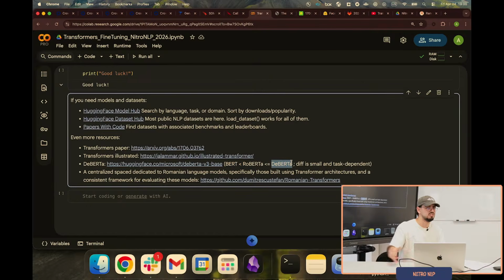The basic DeBERTa has 140 million, and the V3, which is the most recent, has like 180 million. The difference is small and task dependent, but depending on your hackathon objective, it may help to switch the model slightly.